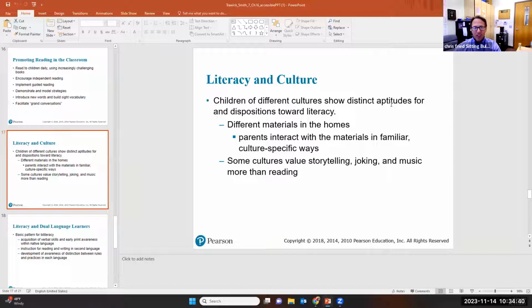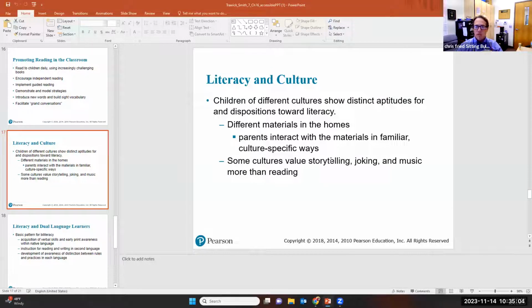Children of different cultures show distinct aptitudes for and dispositions towards literacy. There are different materials in the homes, different types of books. Families interact differently with the material in regards to reading, language arts, and literacy. Some are storytelling with very little printed material.